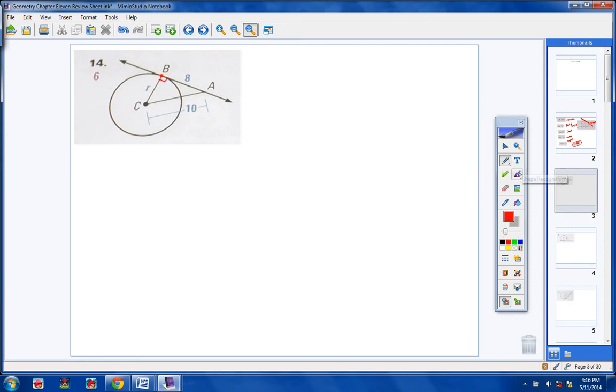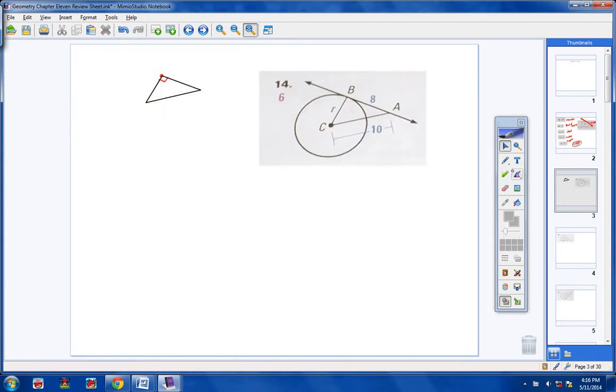So what that tells me is I have a right triangle right here. I'm going to cut that right triangle out, and there it is. Now I know this segment is 8, and this segment here is 10, and they want us to find R, which is one of your legs. Students, we really should know by now, if you have a right triangle and you know two of the sides, you find the third side by using the Pythagorean theorem.